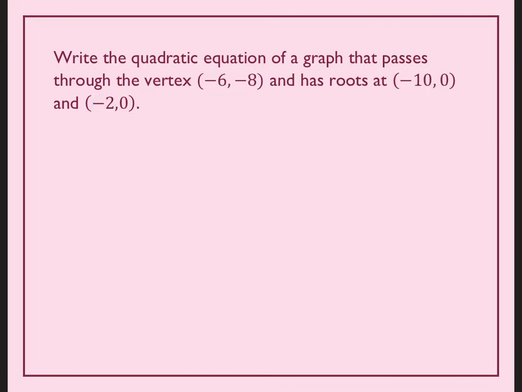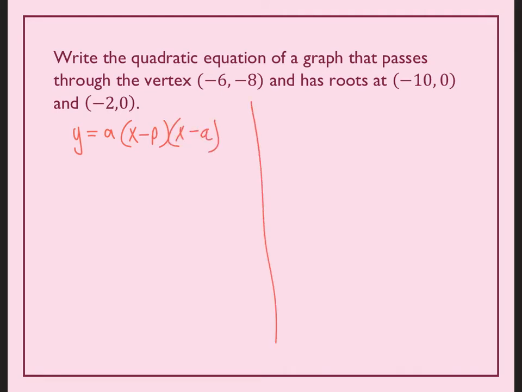So we're going to make this one step harder. This one gave us the vertex and the roots. So as we mentioned on slide 2, we can use either method. And I'm going to actually do both methods. So if I use intercept form, I have y equals a, x minus p, x minus q.